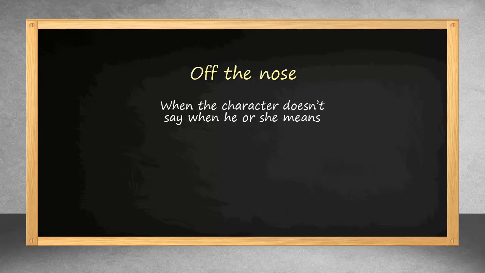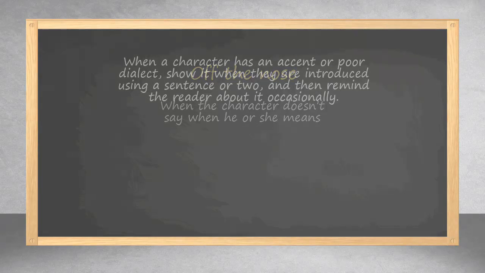And what about dialect? Sometimes in your story, you'll have someone that has a very bad accent. Perhaps they're not a native English speaker, and you want to show that. But what I find that many authors do is they show it too much. All you really need to show that this person has a difficult time with the language is to show it once at the outset, and then occasionally remind the reader of it.